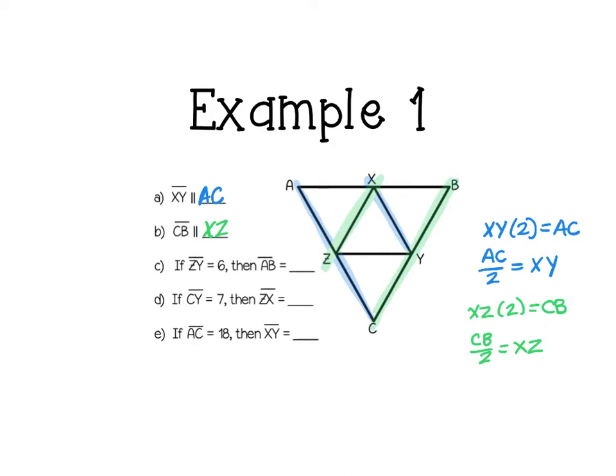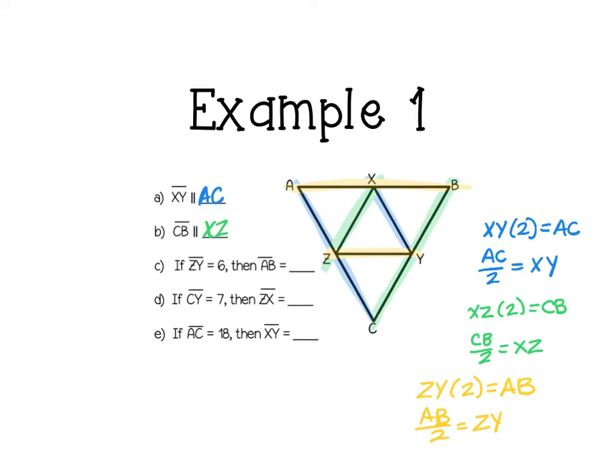And then if we're looking at ZY, ZY is parallel to AB. So I know that ZY times 2 will give me AB, and AB divided by 2 will give me ZY.